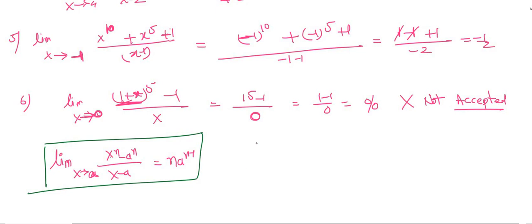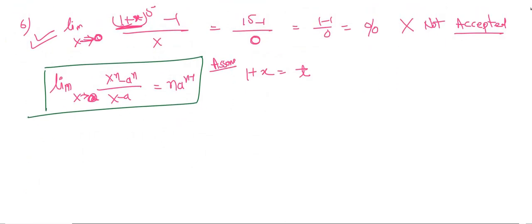To solve such problems, we can assume, write down, assume 1 plus x is t for some time. Okay? 1 plus x is t. So what will happen? Everything we have to put here in the question. 1 plus x is t. So what will the question become now?